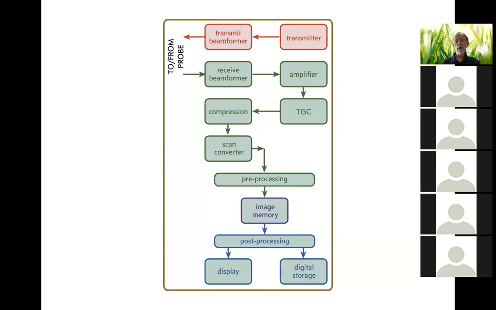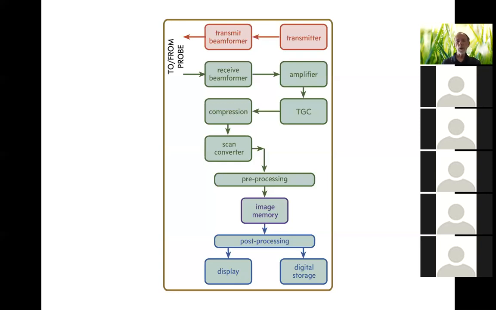The TGC ramps up the amount of amplification with time to compensate for that. Its aim is to keep the echo amplitude constant with time so that the effects of attenuation have been completely removed. So the aim is to make any particular structure look the same no matter what depth it's at, to remove that attenuation effect.